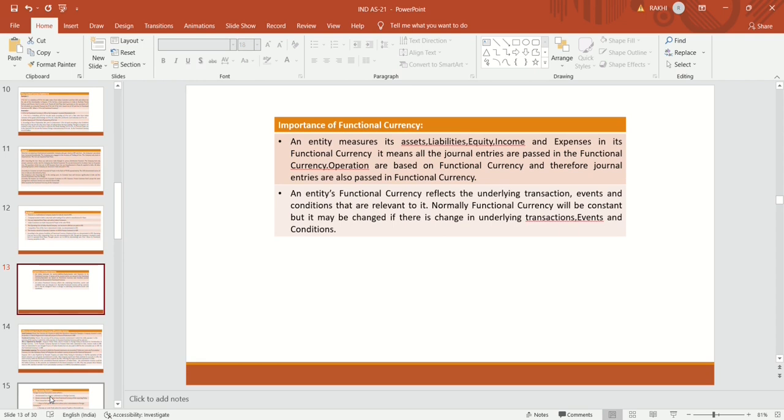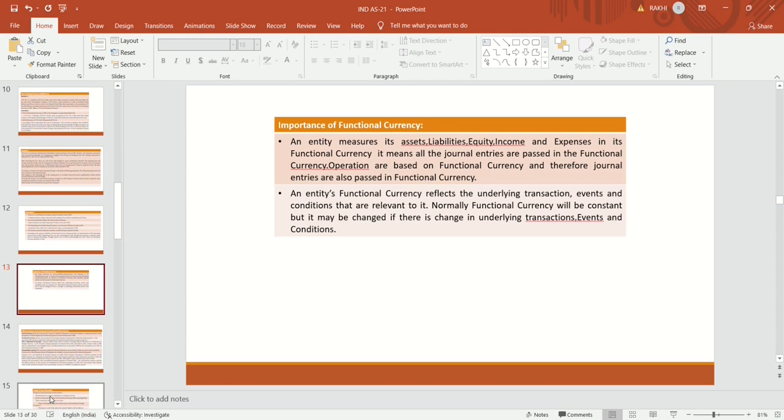In its functional currency, all the operations are based on functional currency, and therefore journal entries are also passed in functional currency. An entity's functional currency reflects the underlying transaction.